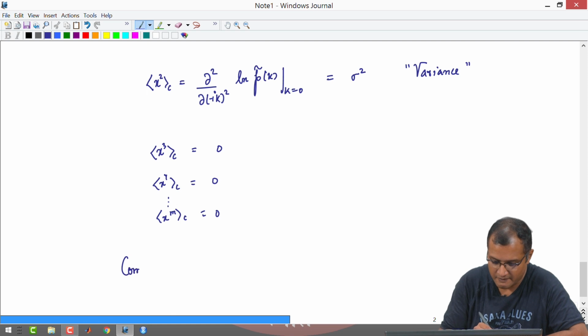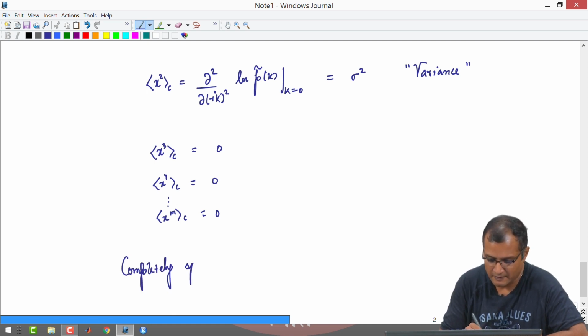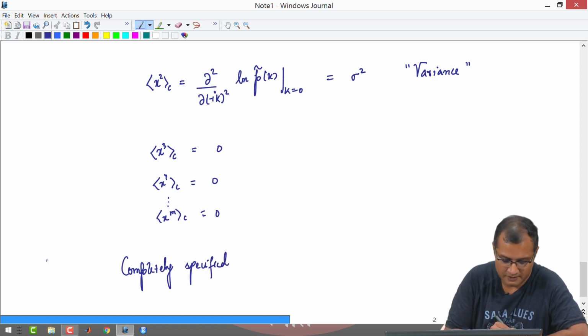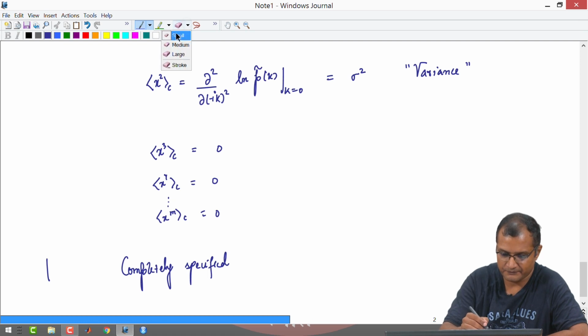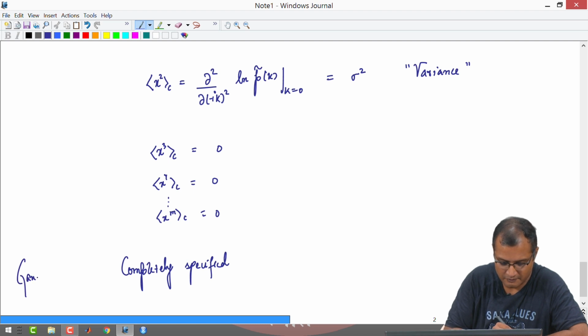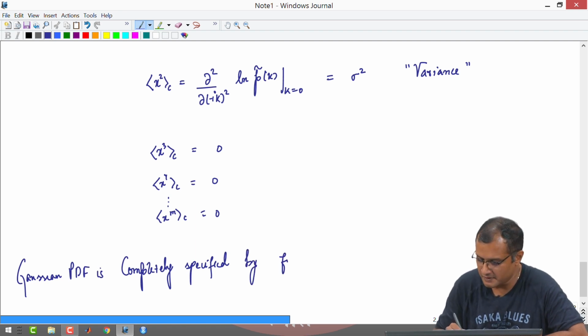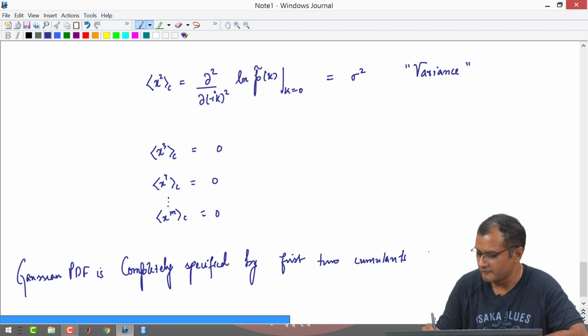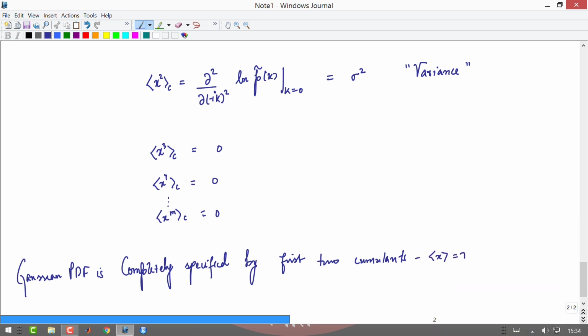It is completely specified by first two cumulants, which are basically the mean and the variance. So, I will say the Gaussian Pdf, okay, and you know this is denoted here as lambda and sigma square will completely specify the Gaussian Pdf.